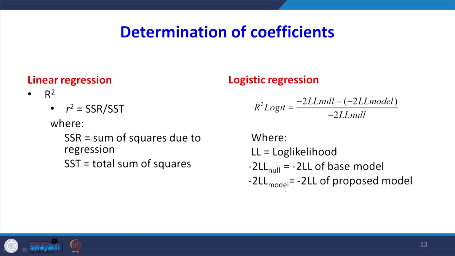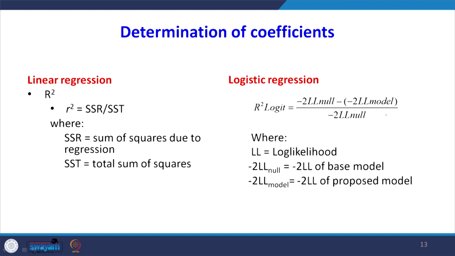The equivalent term in logistic regression is pseudo R square, otherwise R square logit, equal to minus 2 LL for null model minus minus 2 LL for model, divided by minus 2 LL for null.